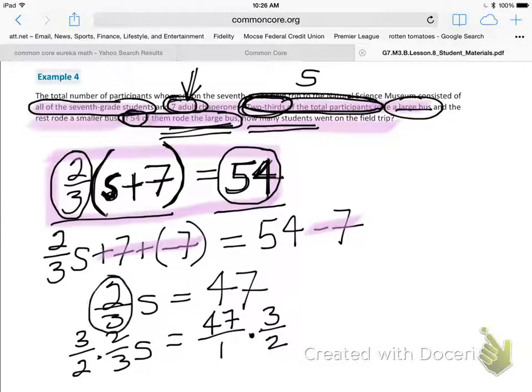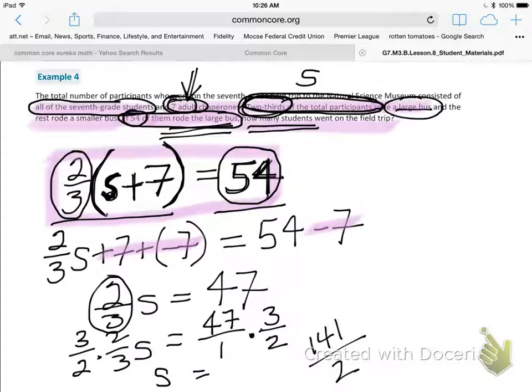We're getting the reciprocal of 2/3. So again, this is 1S, and that equals, so what is that? 141 over 2.